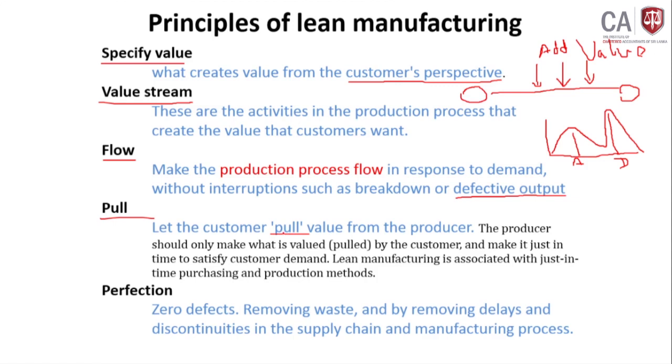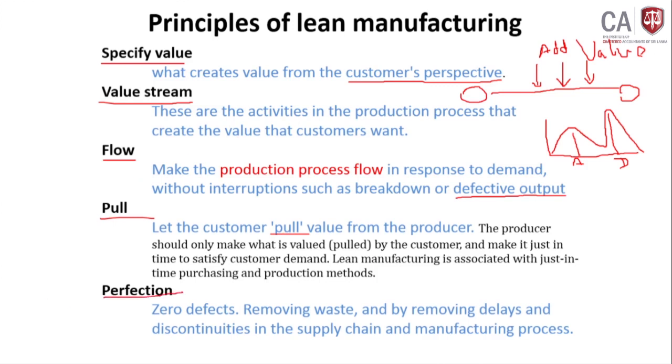So the customer is pulling the value from the producer. It means he is the person who is taking the value from the producer. The producer is giving the value to the customer, the customer is pulling the value from the producer. So at the right time, at the right quality, the producer has to give good value products to the customer, and the customer is pulling that.